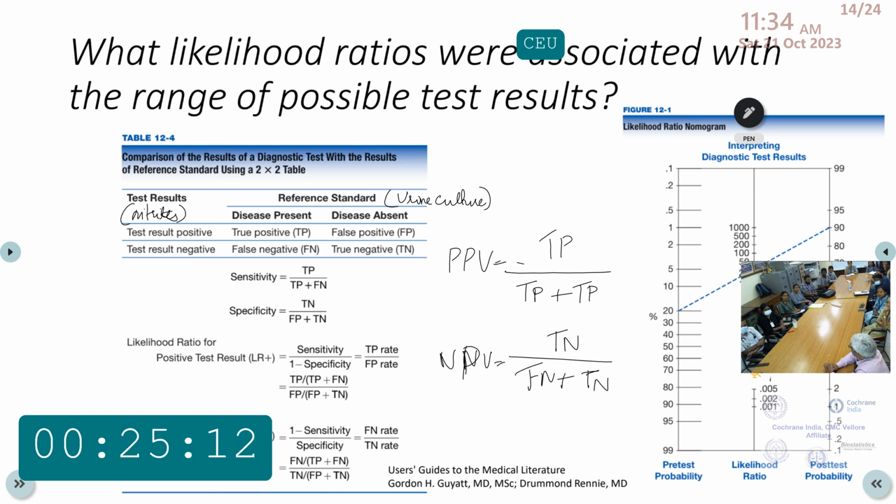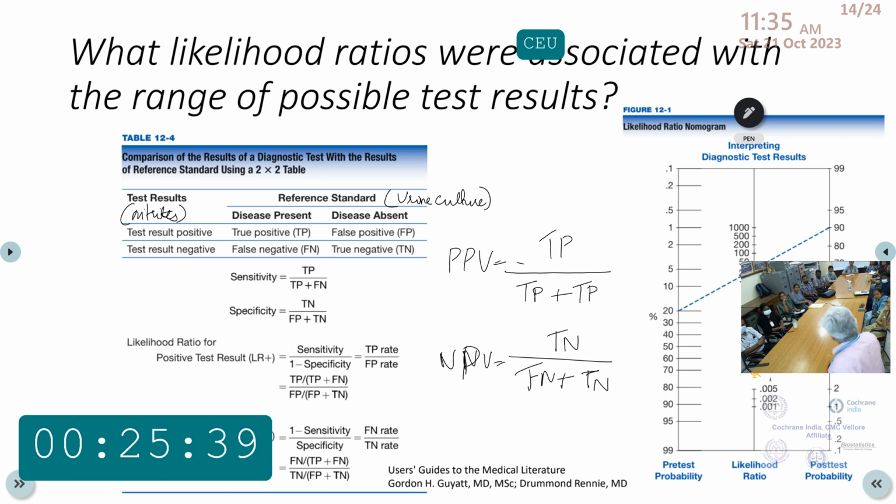What is true negative? True negative is when the urine culture is negative and the test is negative. So that's a very happy situation. Your test is very good. In these two squares, the test has done very well. When the culture was positive, it came positive. When the culture was negative, it came negative.